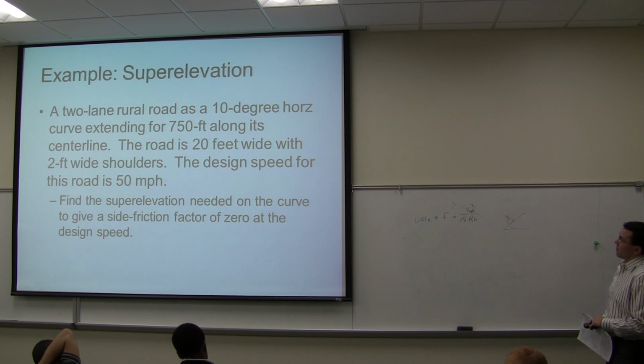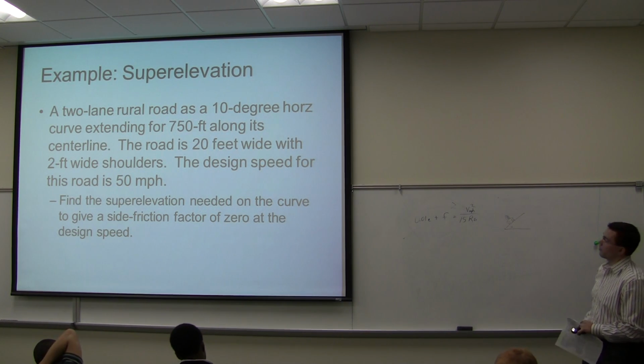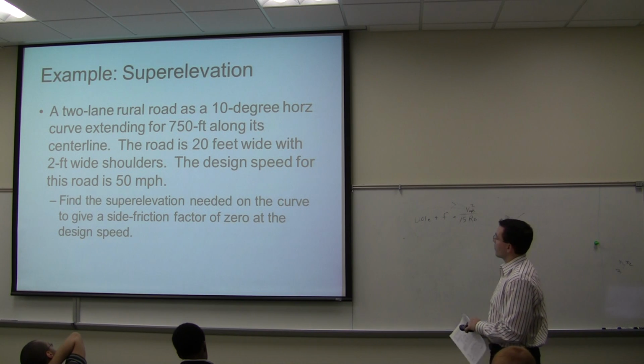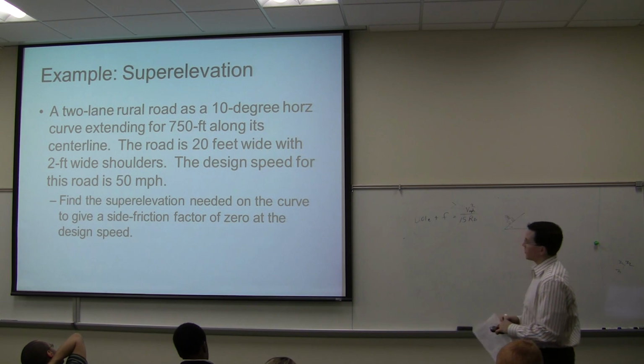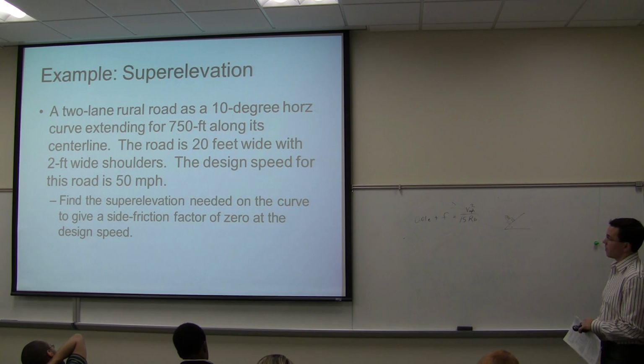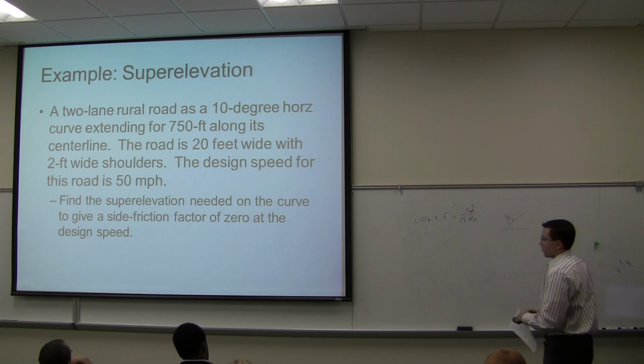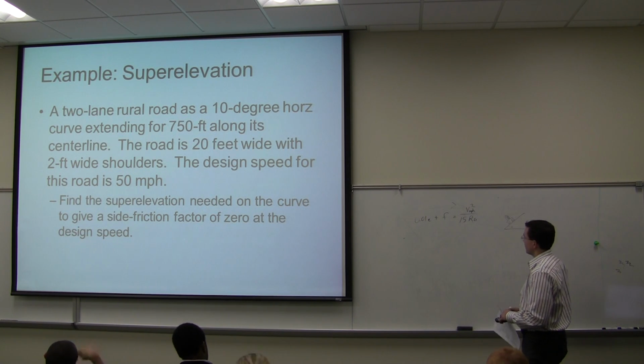Got to remember what the problem is now. A 2-lane rural road with a 10-degree horizontal curve extending for 750 feet along its center line. The road is 20 feet wide with 2-foot wide shoulders. The design speed is 50 miles an hour. Find the superelevation needed on the curve to give a side friction factor of 0 at the design speed.